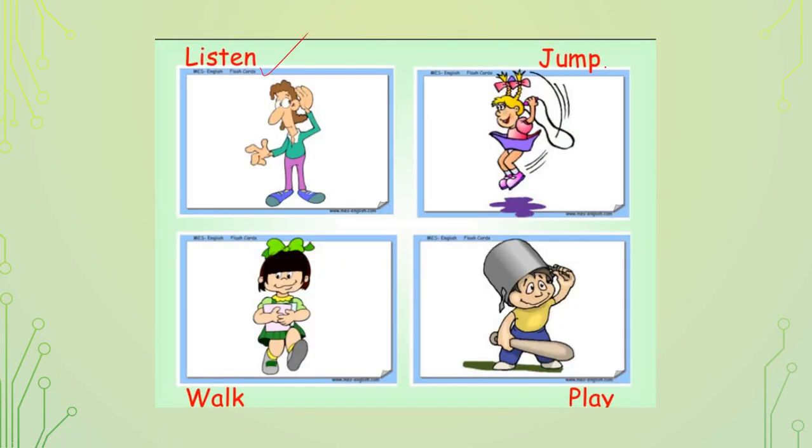See, listen, jump, walk, play. All these can be made into their past tense by adding ed. Listened, jumped, walked and played, like this.